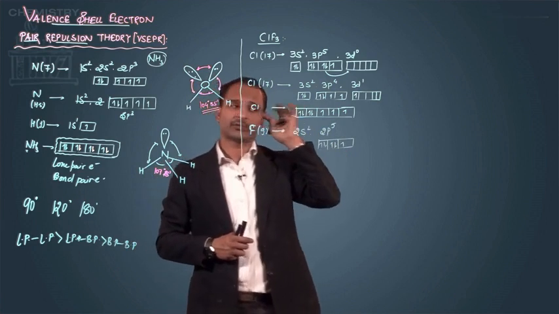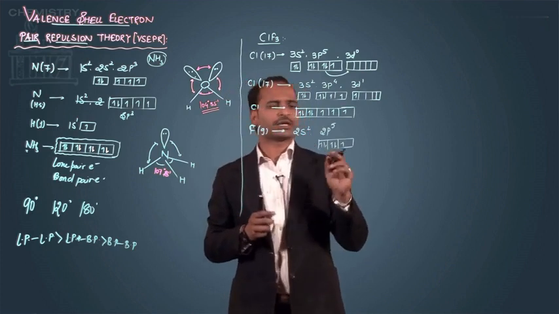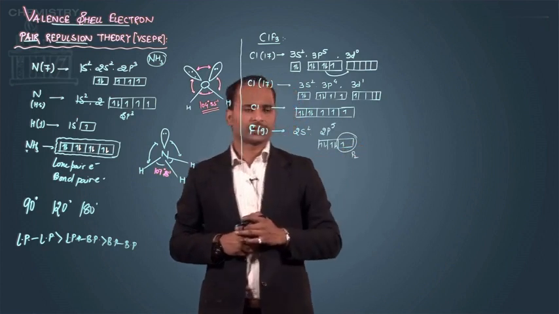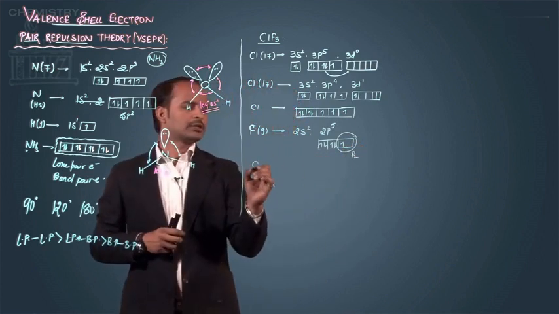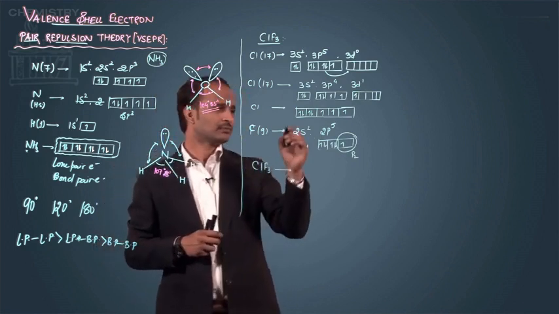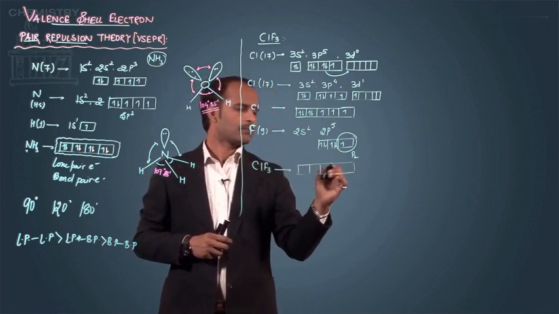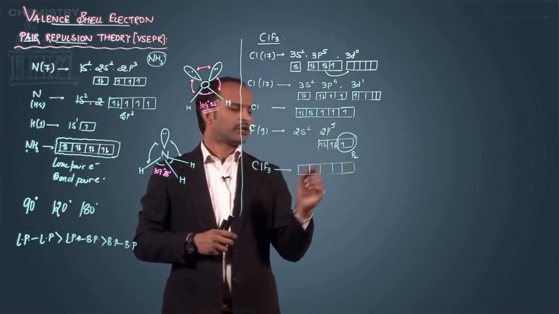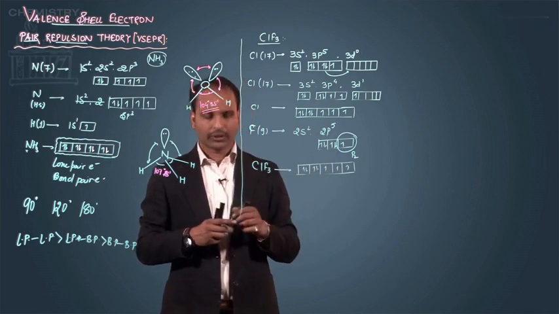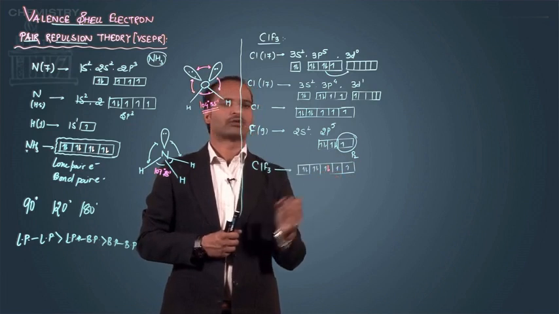Fluorine, being a peripheral atom, will not undergo the hybridization process. So the orbital from fluorine that will form a bond is the pz orbital. Now the status of the ClF3 molecule is five orbitals, 2, 2, and these 3 electrons are from chlorine. The first fluorine pz orbital will overlap here.